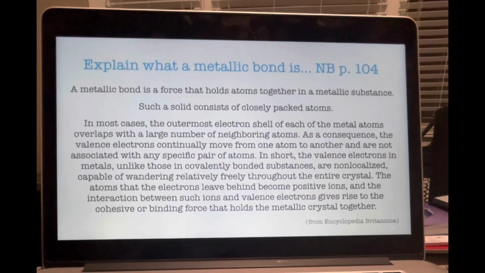In short, the valence electrons in metals, unlike those in covalently bonded substances, are non-localized, so they're capable of wandering relatively freely throughout the entire crystal. The atoms that the electrons leave behind become positive ions, and then the interaction between such ions and valence electrons gives rise to the cohesive or binding force that holds the metallic crystal together.